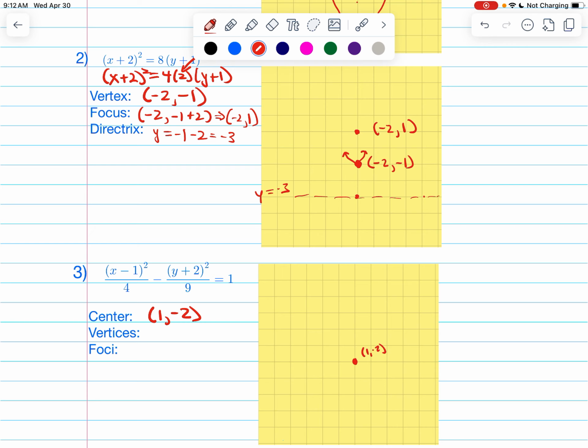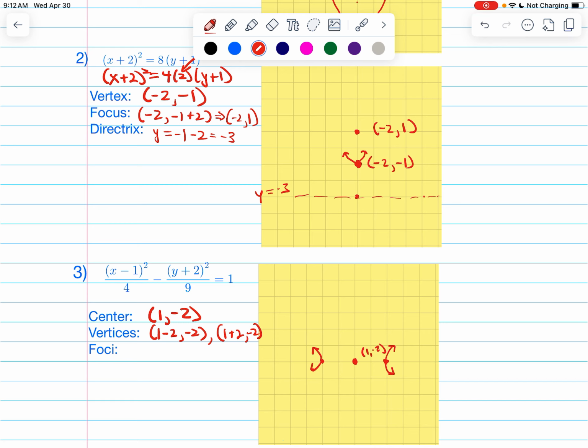So it's going to be opening this way. I'm going to say 1 minus 2 and 1 plus 2. So I just go to the left 2, to the right 2. And I'll just do a little thing like this. Doesn't have to be fancy.